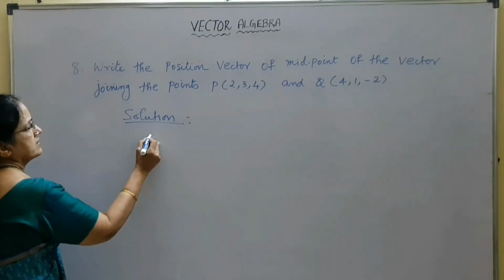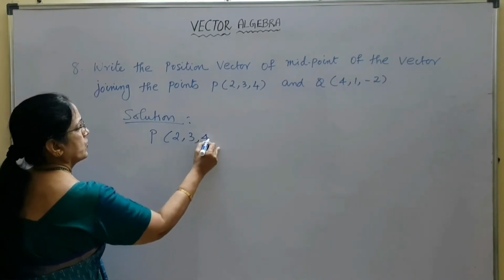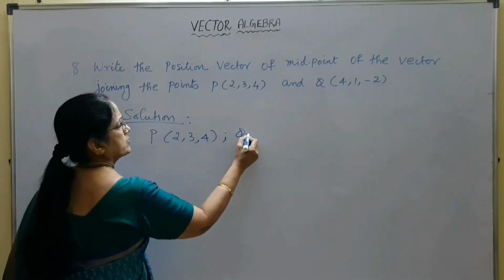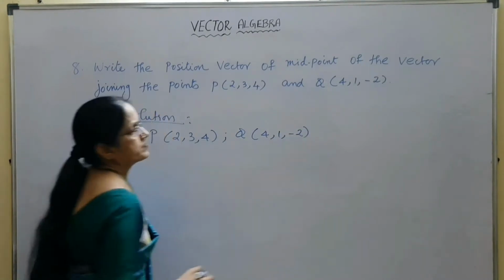You have been given the point P as (2, 3, 4) and Q as (4, 1, -2).